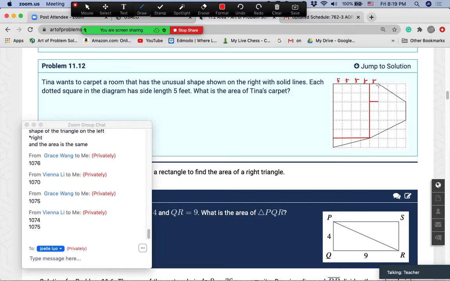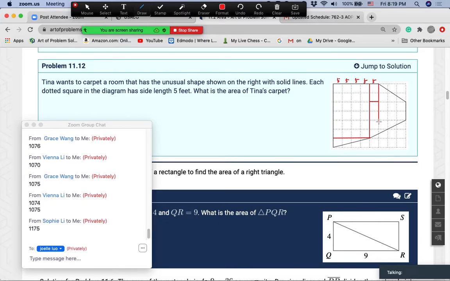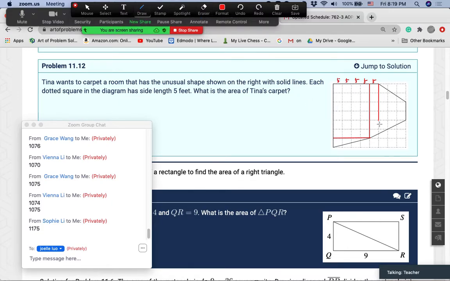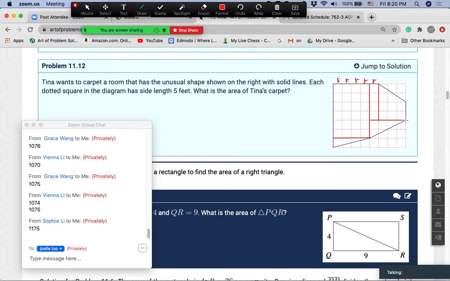Actually, you can connect here. Maybe connect here. Take this away. Then we can connect from here to here. Then we can also connect here to here.